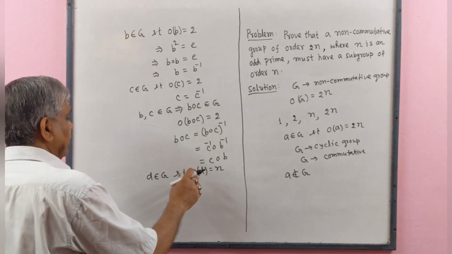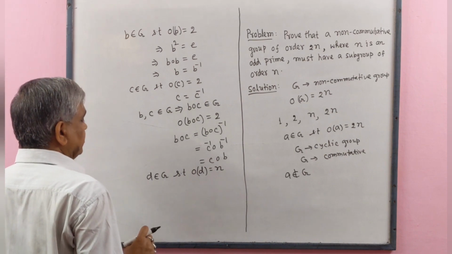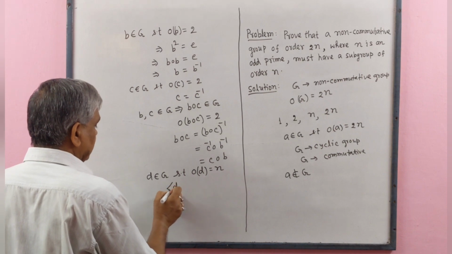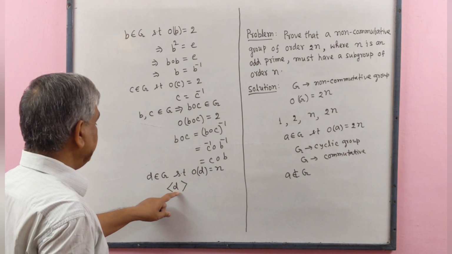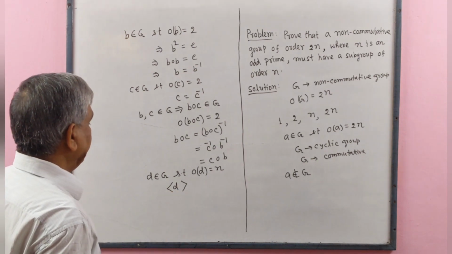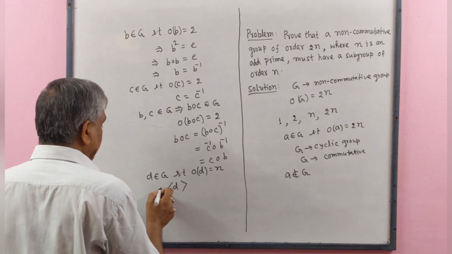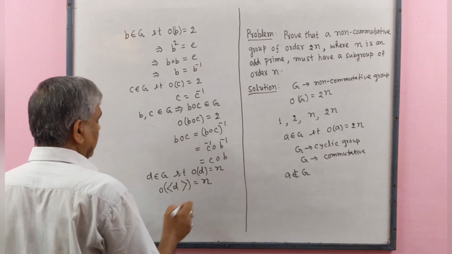We may frame a cyclic group generated by d. That cyclic group is generated by d, and the cyclic group will be of order n.